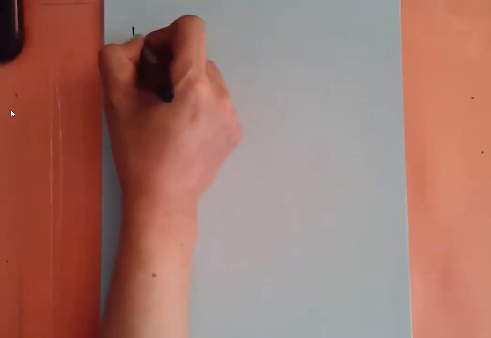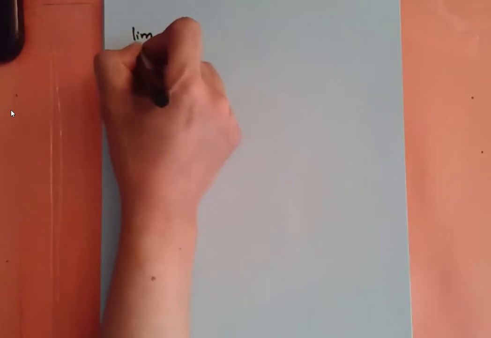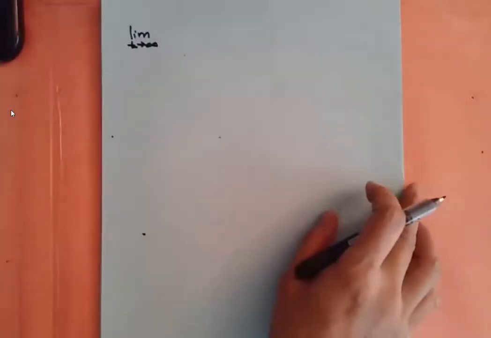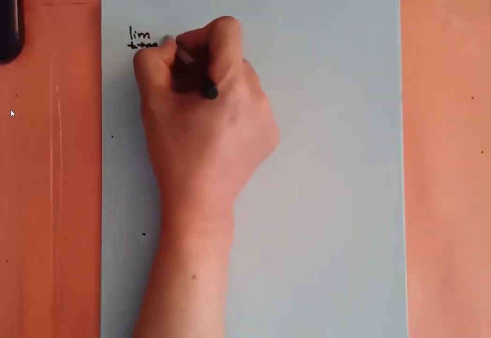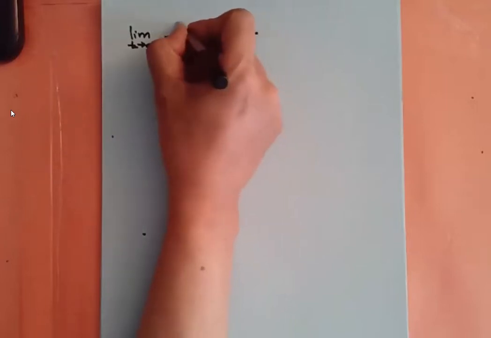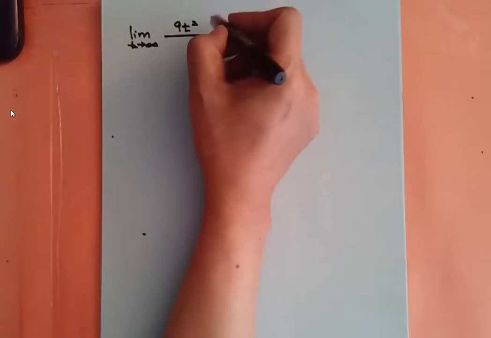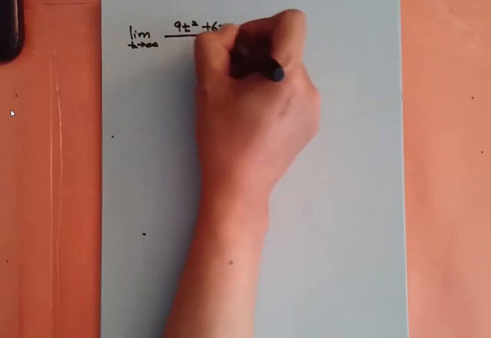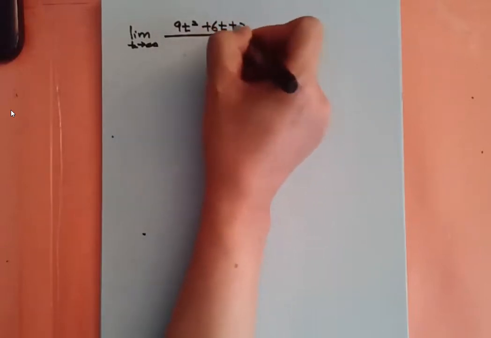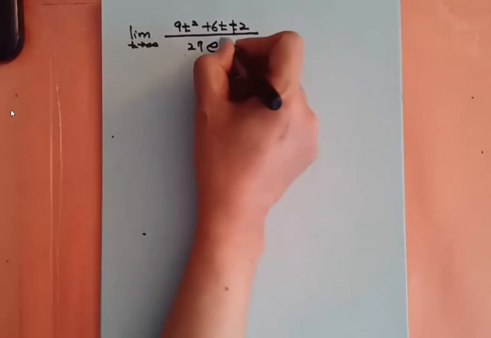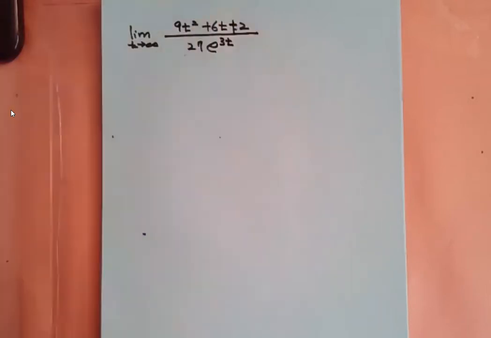So we will copy the fraction we obtained, but let's forget this minus part because we just think about convergence or divergence. So we will copy the fraction we got, which was 9t squared plus 6t plus 2 over 27 e to the 3t.